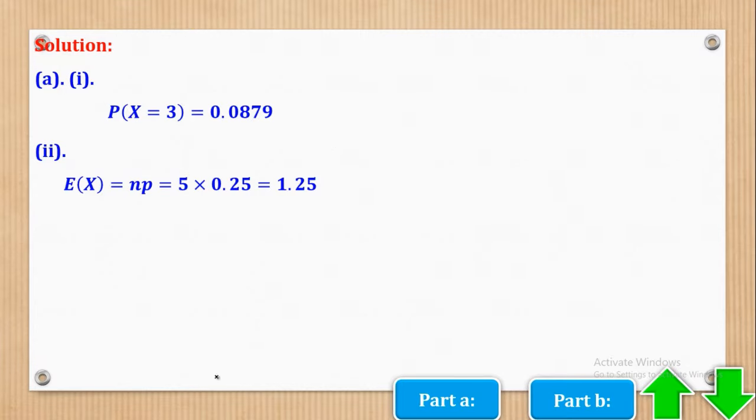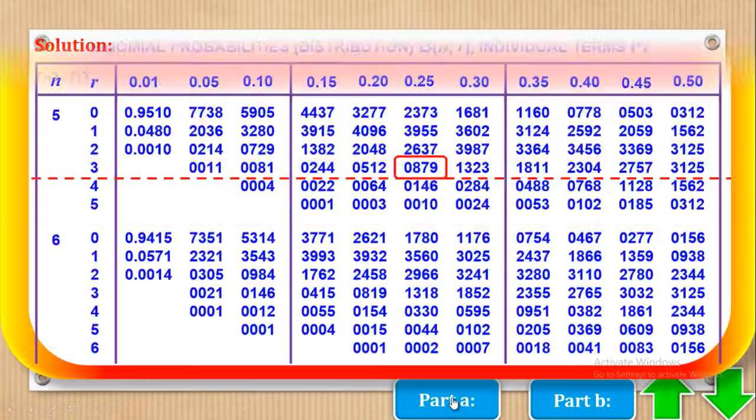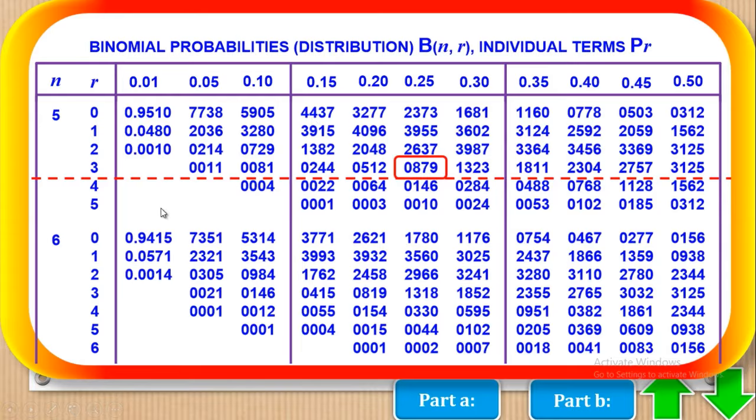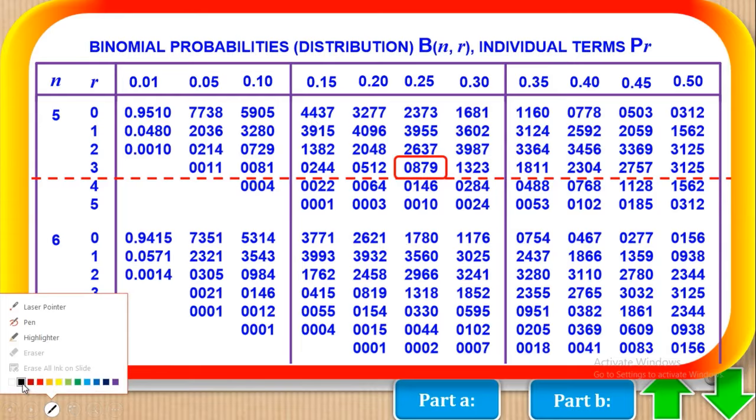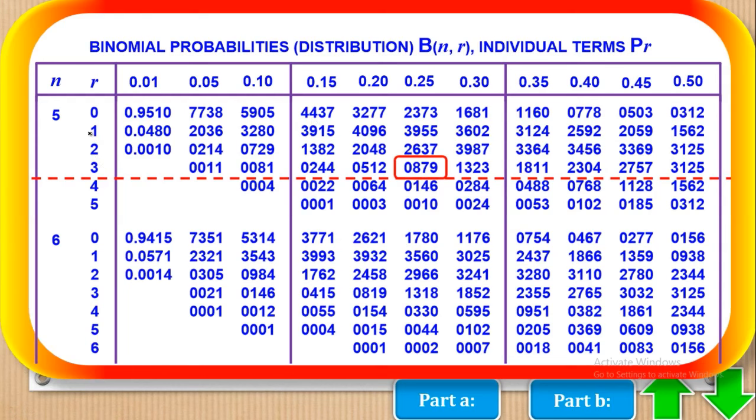When you do that, you shall say that the probability of x equal to 1 is this, then the probability of x equal to 2 is this. So the probability of x equal to 1 is 0.3955, and the probability of x equal to 2 is 0.2637. Therefore, let us write them down.